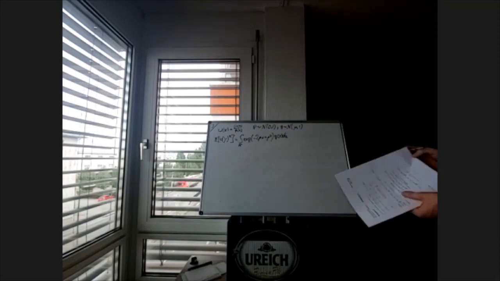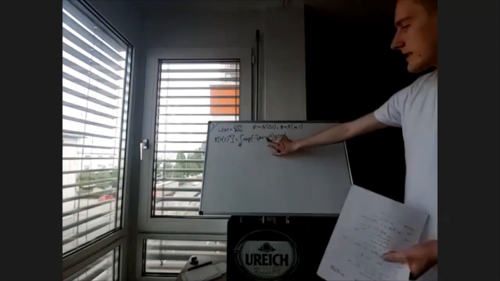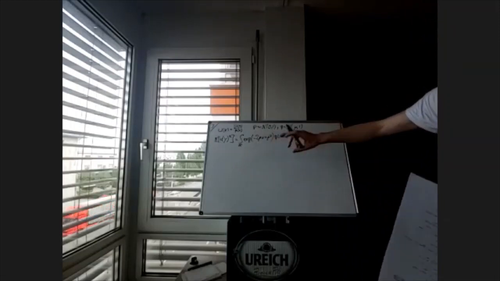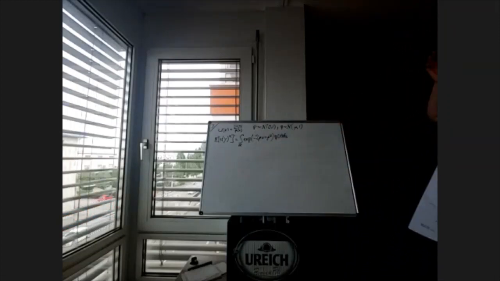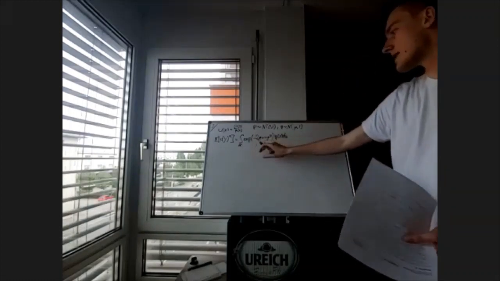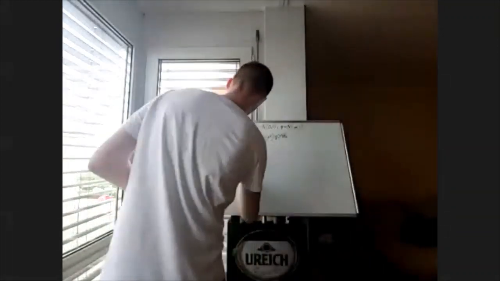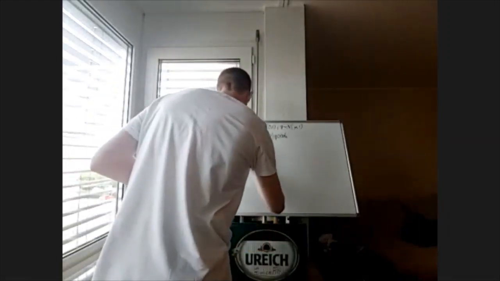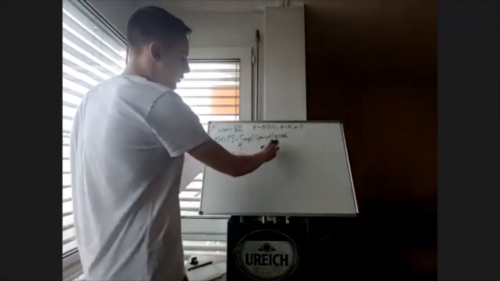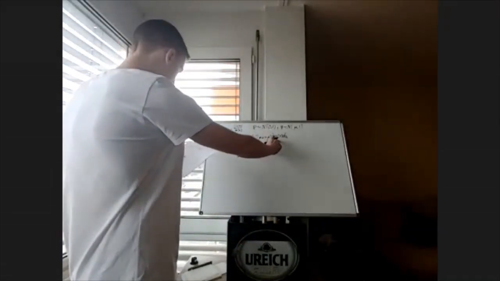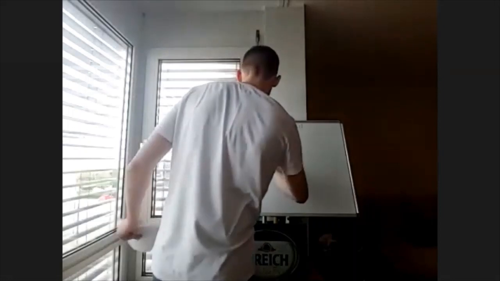Now we already see this part is independent of x, so we just move it outside. We have a 1 over 2 pi, this part comes from q, and then we have the exponential of mu squared.